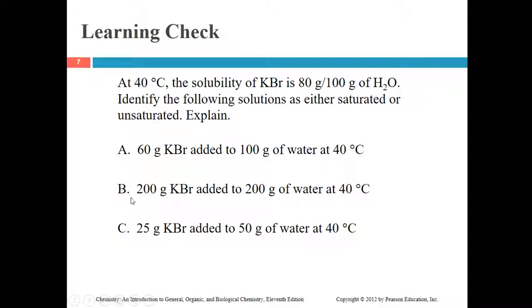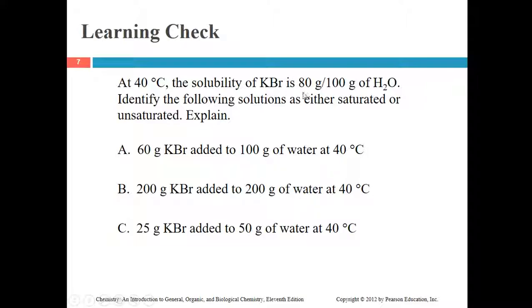Now B, 200 grams of KBr is added to 200 grams of water at 40 degrees. Well, the temperature hasn't changed, but this ratio of 80%, even though we look at this and it's per 200 grams of water, notice 200 grams of solute to 200 grams of water, well, that's 100%.